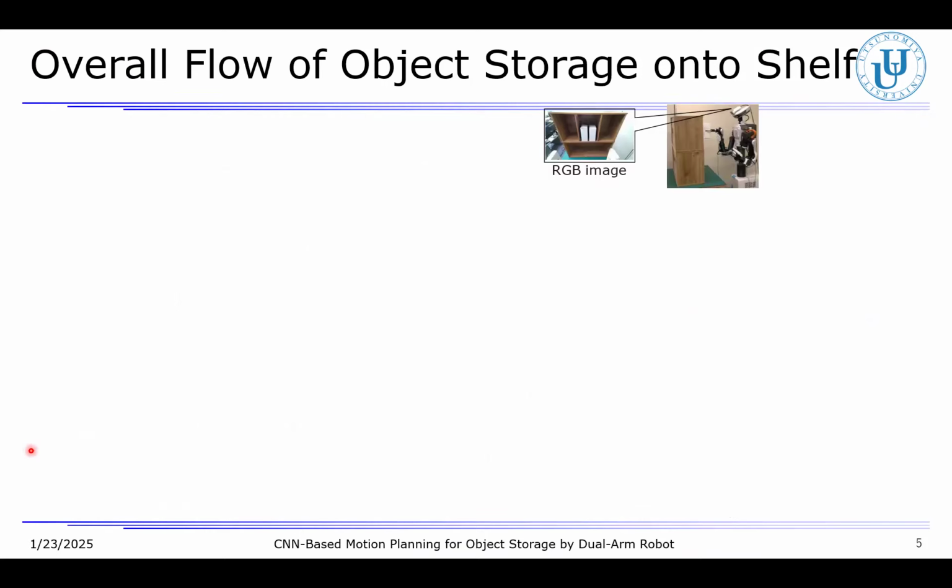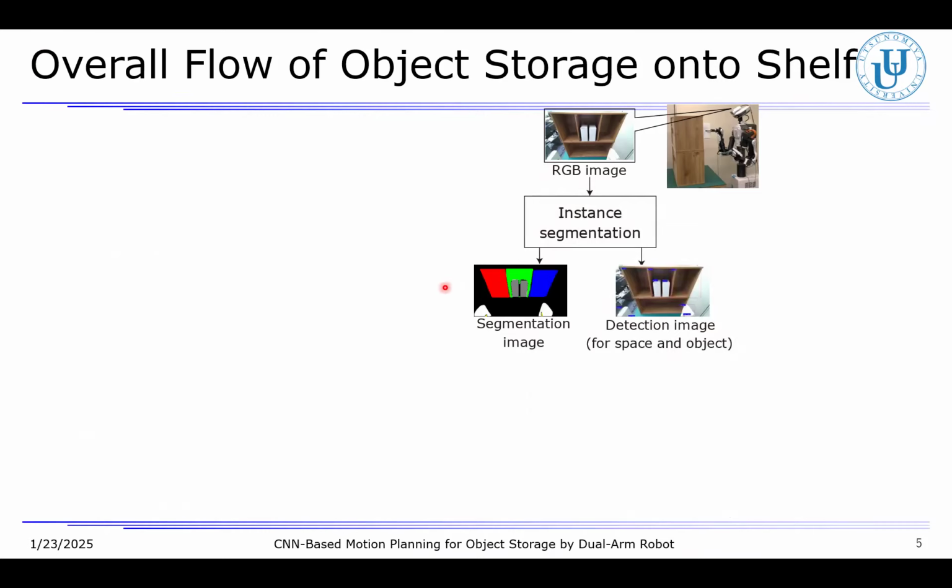Okay, now from the robot storing the objects, these RGB images are first captured. So after that, segmentation and detection images are generated through instance segmentation. The segmentation images are used as inputs to a hand state classifier.